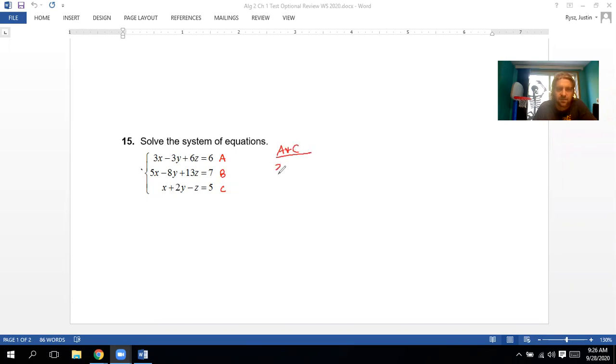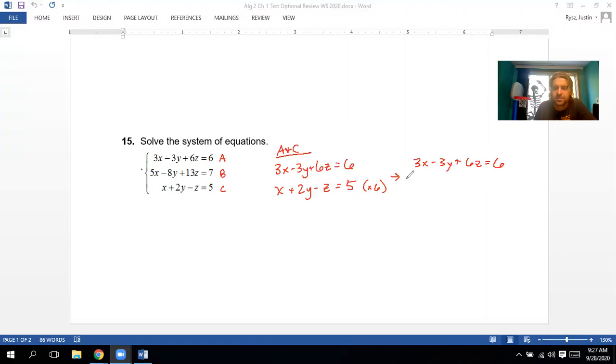Yeah, and so that's going to be 3x minus 3y plus 6z equals 6, and x plus 2y minus z equals 5. Okay, so I'm going to multiply this bottom row by 6. Remember, there's so many different ways you can do the same problem, and you'll get the same answer in the end.